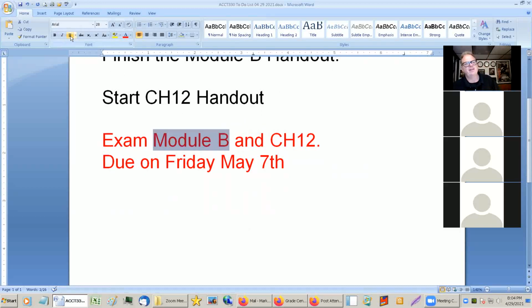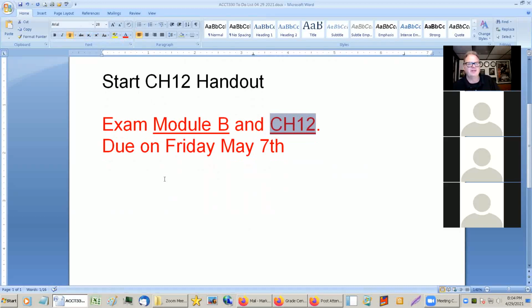I wish they didn't have that in a module. I don't know why it just bugged me. It's like, why don't you just call it a chapter? But anyway, I'll put those. So it's basically on module B, which is the independence stuff, and then chapter 12, which is the reporting.